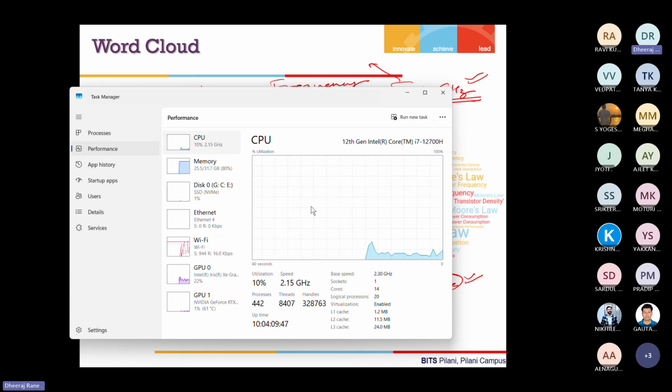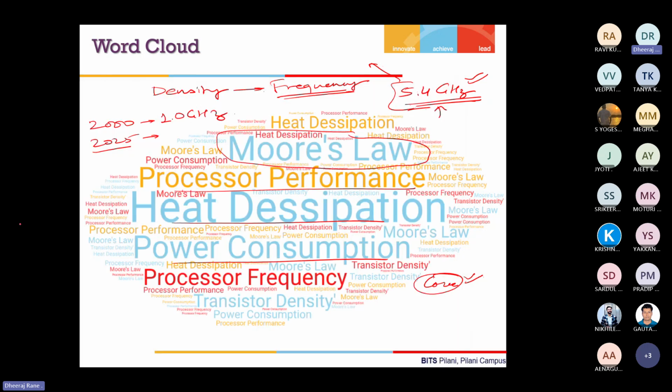And if you see the Xeon systems, you will not find a similar case. Xeon systems usually are somewhat 3.2 gigahertz, or the maximum that I have seen is, I think, 4.8 gigahertz or so, right? So that is the case.